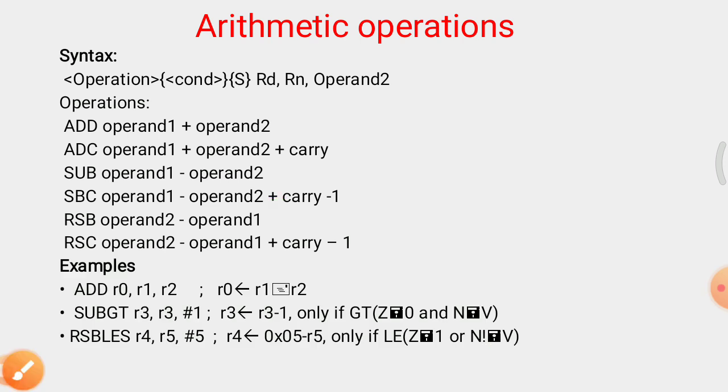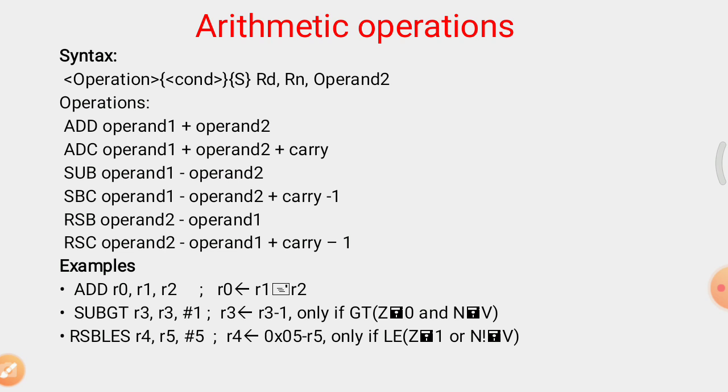Okay, so it should be a minus. Subtract with carry. And then we have another instruction, RSB. RSB is reverse subtraction. Normal subtraction operates operand 1 minus operand 2, but reverse subtraction is going to operate operand 2 minus operand 1.